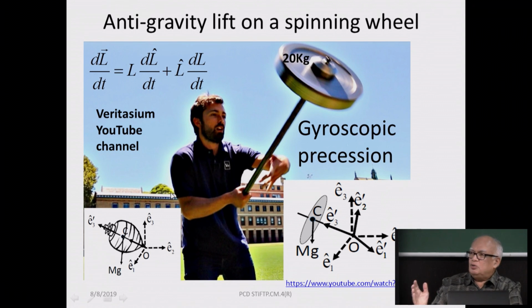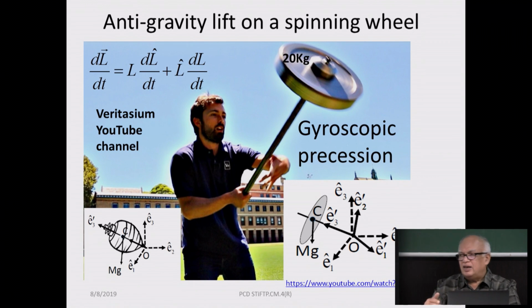because of the torque due to gravity, the direction of the angular momentum will have to change. The magnitude of the angular momentum may not really change, because that will really involve also a change in the rotational kinetic energy, and that is not going to happen unless you also impart some energy to it, right? But the direction of the angular momentum changes, and he can turn this whole thing.